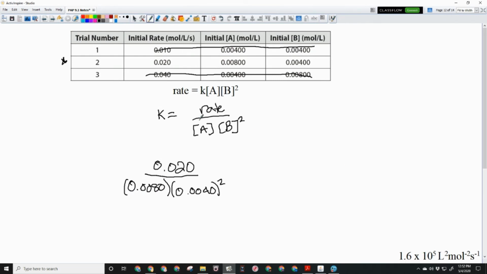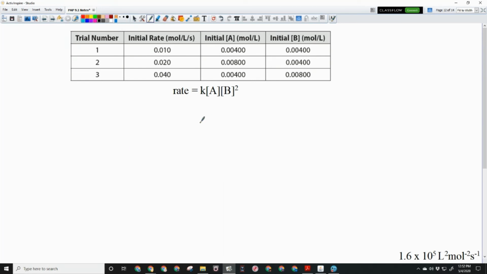All right, so now we need to do our units. You're going to have to hang on. I'm going to show you this one time and show you how the algebra works for rearranging this. And then after that, you're going to have to remember algebraic rearranging. All right, so let's clear this off.